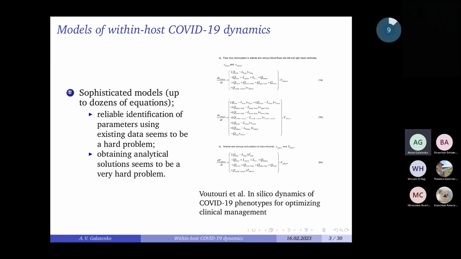As an example, here is just a teeny part of a model consisting of 76 equations. You can see that they are nonlinear. They have many variables. Well, they look fearsome.